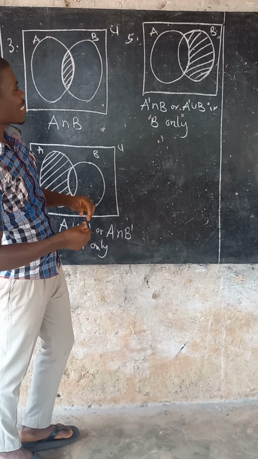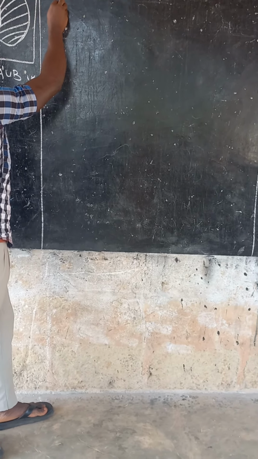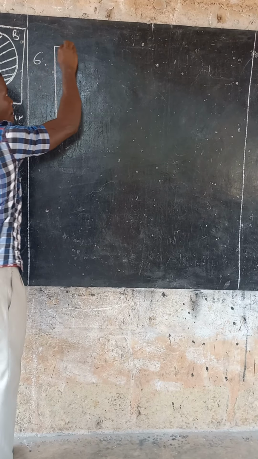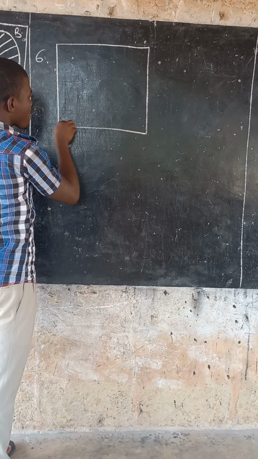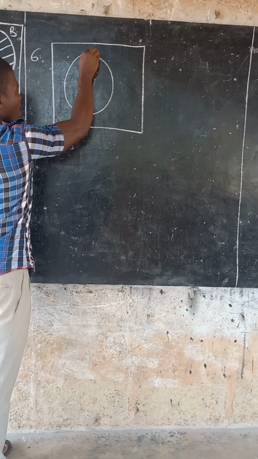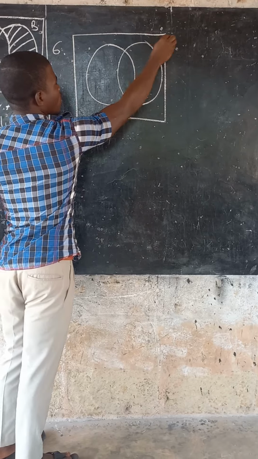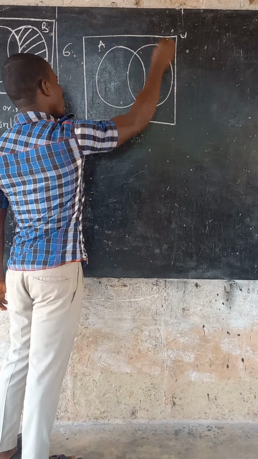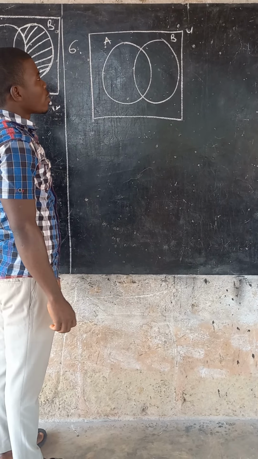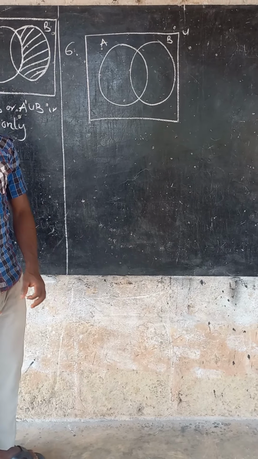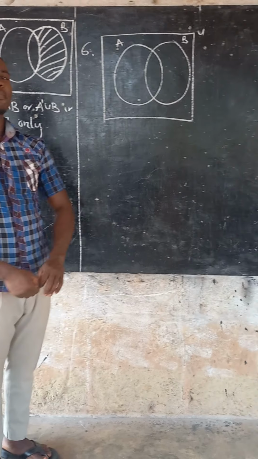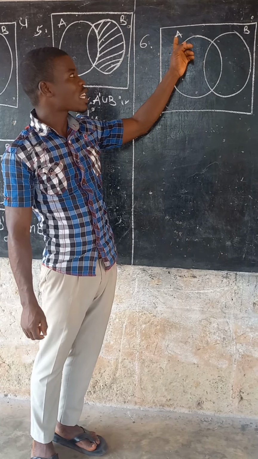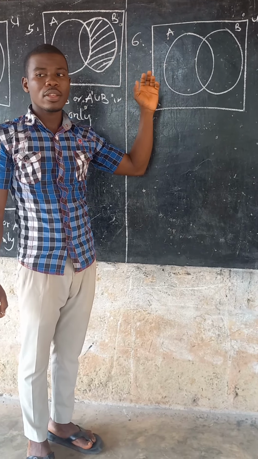Let's look at the last one. So you have U, you have our A, you have our B. They can ask you to find those who did not take part in both subjects, when we represent A and B with a certain number.